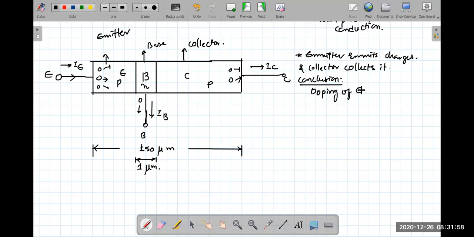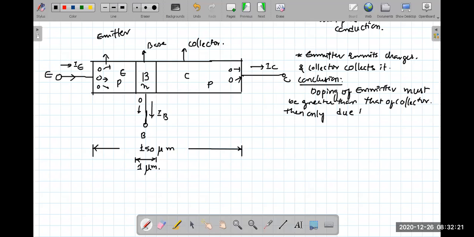Doping of emitter must be greater than that of collector. Why? Because if the doping of emitter is greater than collector, then only due to the concentration difference, diffusion takes place. Is that right?